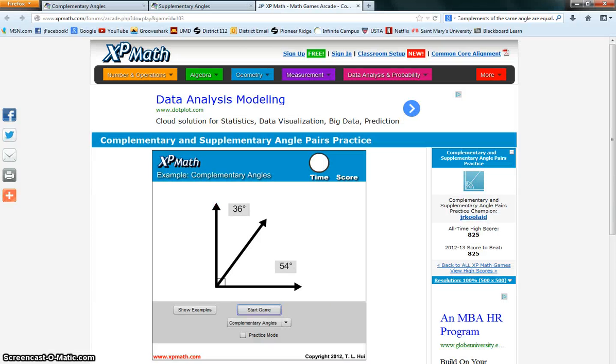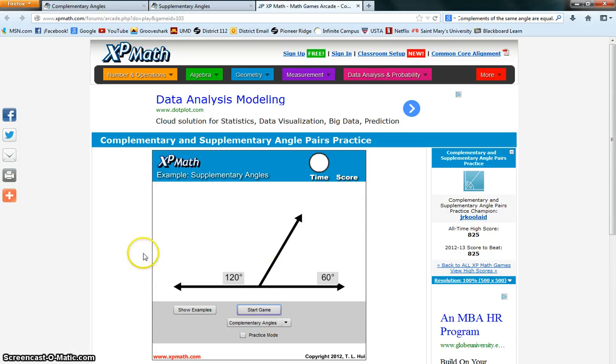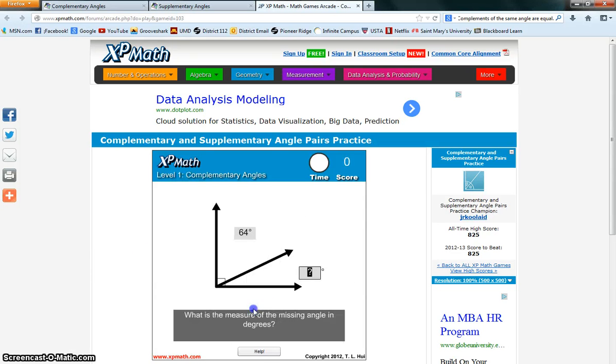Here's the game. If you check on the website, it brings you up to this page here, and you would say start game, and it would say, okay, 64, and you're trying to see over a period of time how much you can actually get. If I know that these two create a right angle, I know they're complementary. So with 64, if I guessed, just for example, 5, obviously it's going to tell me no, that's incorrect.